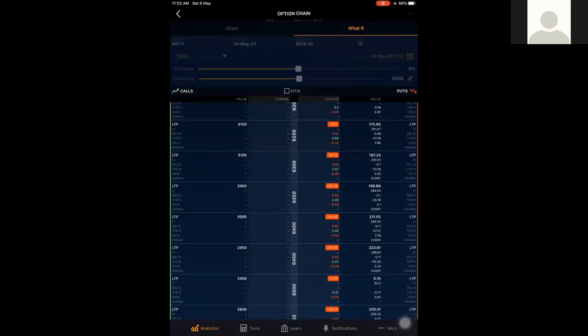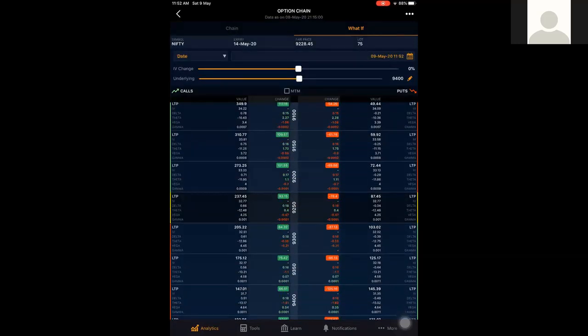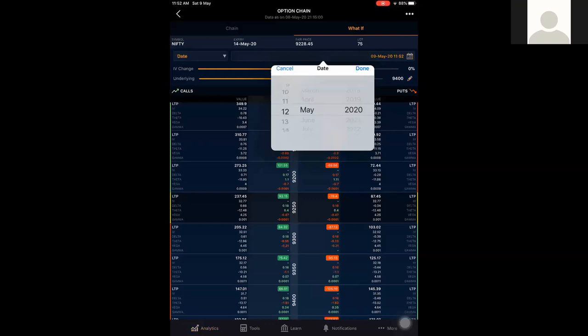Now I'm changing the date and I'm seeing what will happen to my trade when I take it on 13th May. Okay, I'm taking 13th May morning.